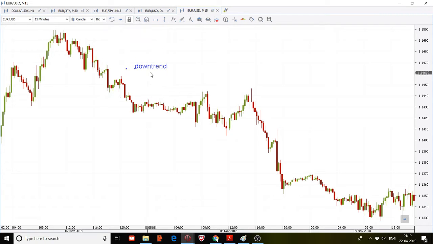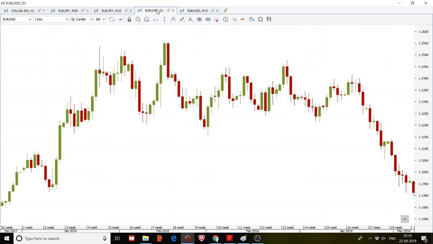If you look for this kind of pattern in an instrument which is in an uptrend, then you can get messed up and unnecessarily lose money. So first of all, look for an instrument which is in a downtrend on the daily time frame.